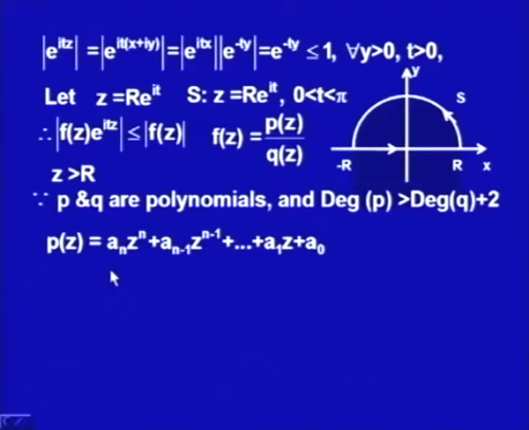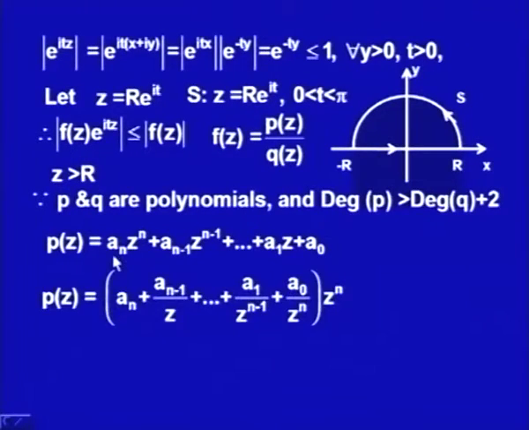Now, take z to the power n common, because we are taking mod z greater than r. We could write it as a n plus a n minus 1 upon z and so on, plus a 1 upon z to the power n minus 1 plus a naught upon z to the power n, into z to the power n. Now take the absolute value of this.